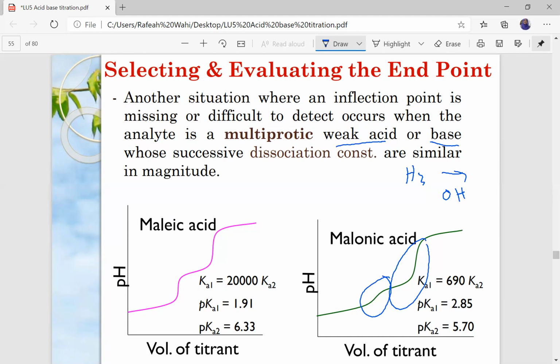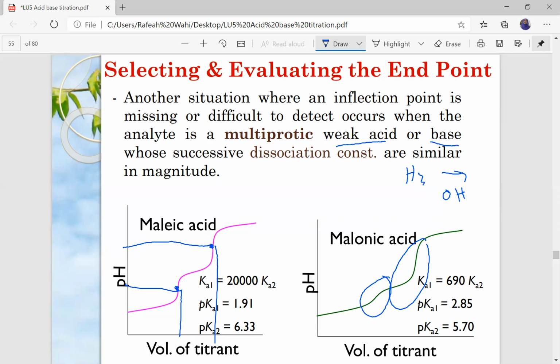However, for the pink curve here, the inflection point is very obvious and you can determine your equivalence point for both of the protons involved in the acid.